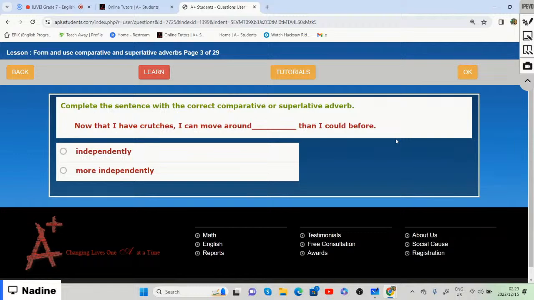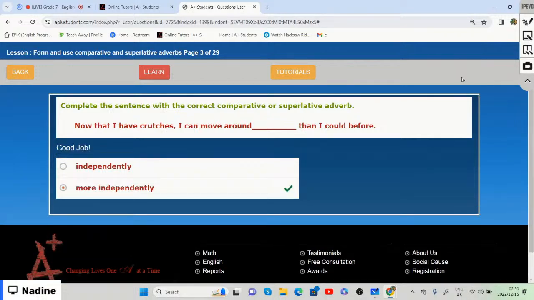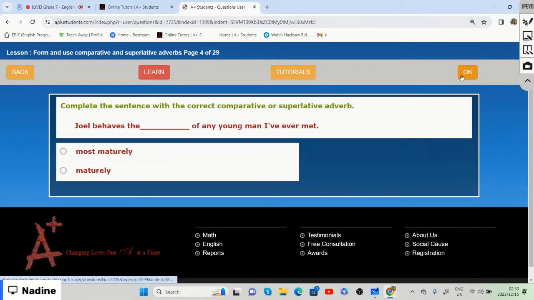Which means that we are going to choose more independently. So more independently is correct. Well done also for getting that correct.